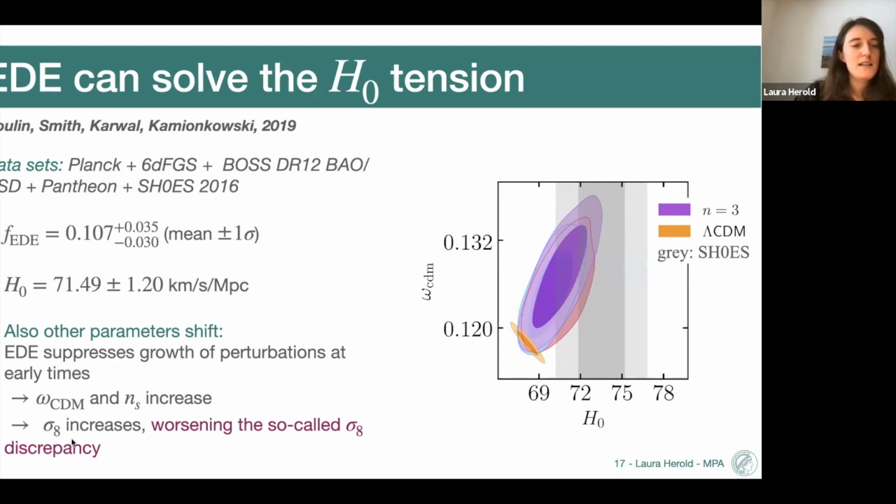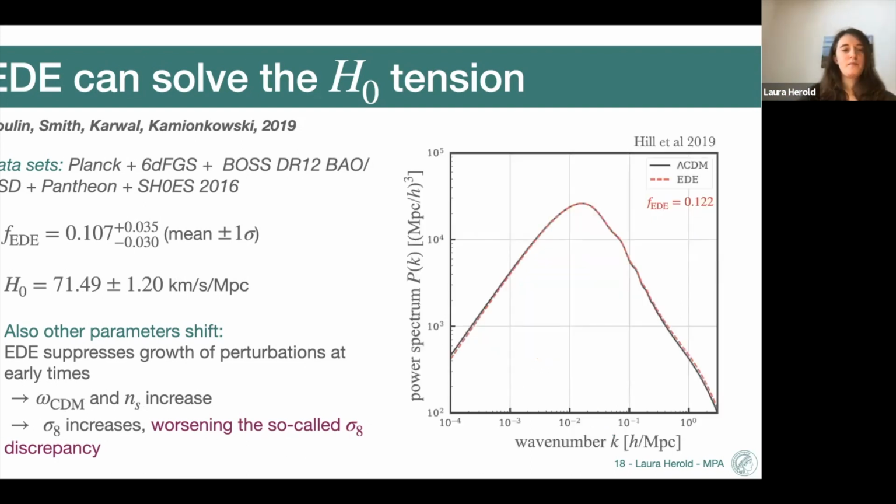And this means at late times, the amplitude of matter clustering, sigma 8, increases, worsening the already existing so-called sigma 8 discrepancy. One can also see this if one plots the matter power spectrum. In EDE cosmologies, the red line, there's an enhanced clustering at small scales.